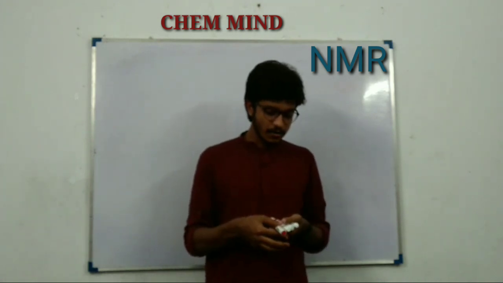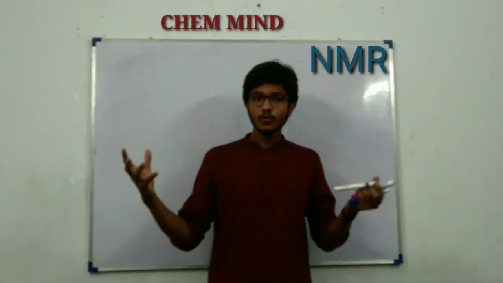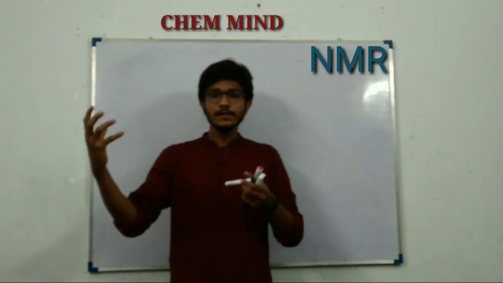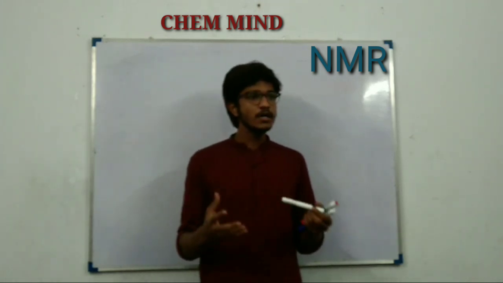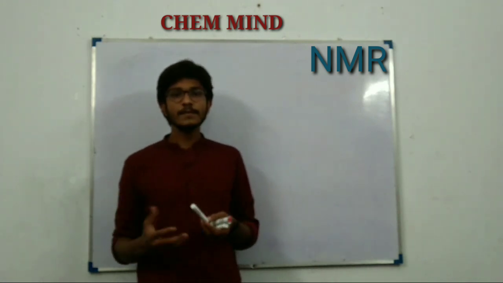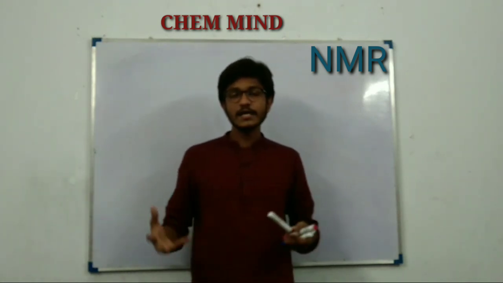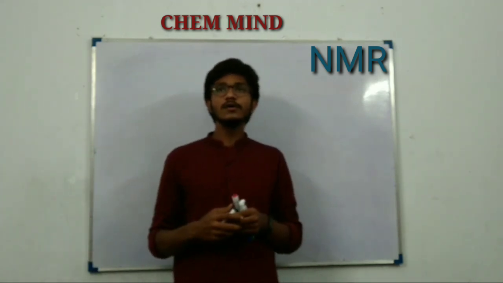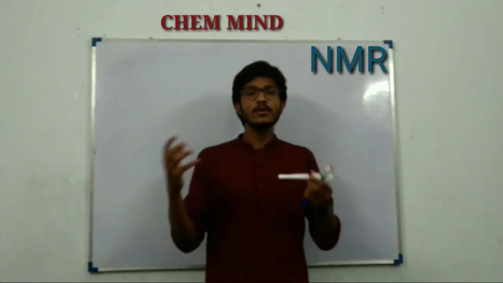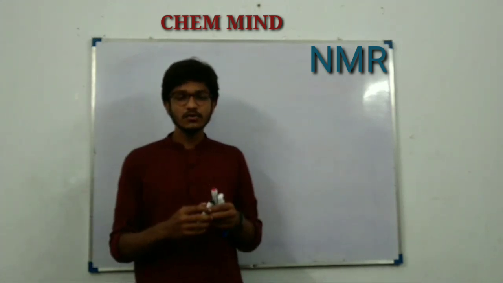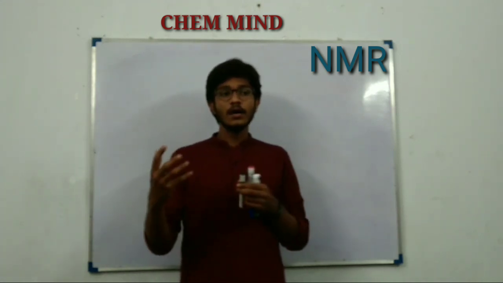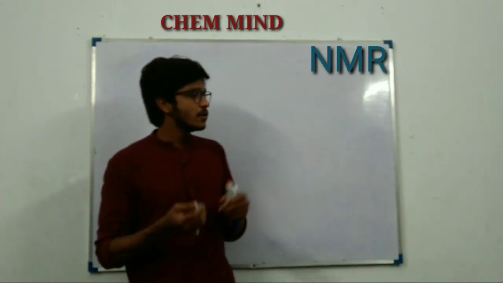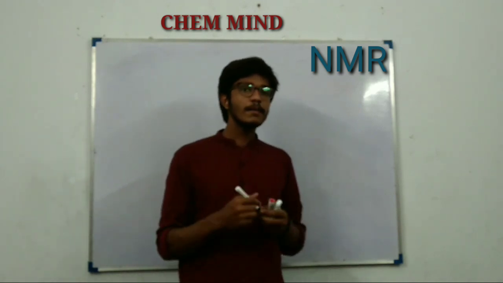This NMR is basically a huge portion, and I would like to start it with the concepts of the 10+2 level. From the chapter on atomic structure, we will know what an atom is, what a nucleus is, and we will amalgamate that chemistry with the physics of the 10+2 level, and apply some concepts of the magnetic field. So first of all, we will think about what NMR is.